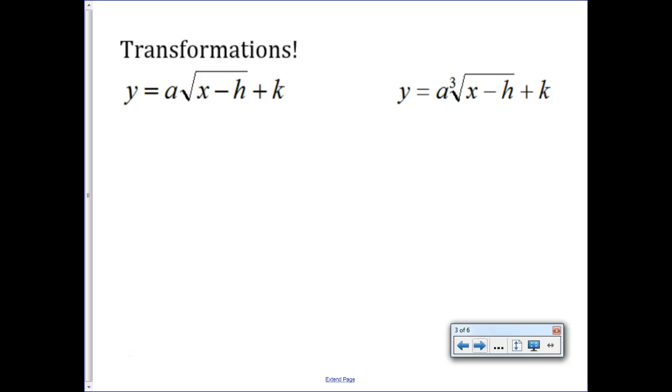Transformations are going to function very much the same as they have with the other functions that we have been doing. So that minus h plus k, that h value is going to tell you how far to the right it translated, and that k value is going to tell you how far up it translated from that original parent function of a square root of x and a cube root of x.